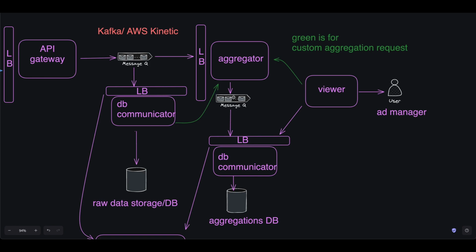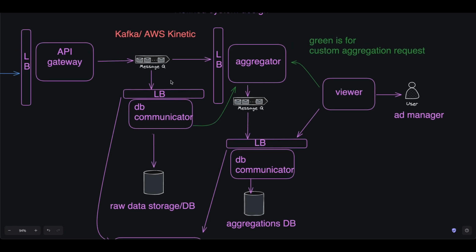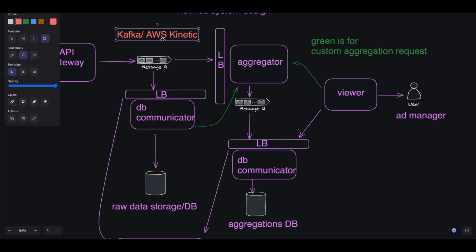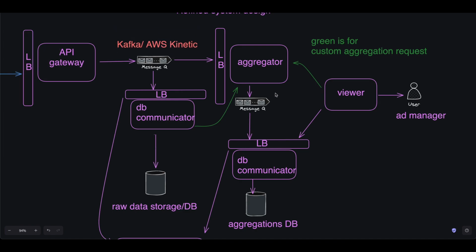If we were to remove it, and database communication failed at some point, the aggregator would be overflown, as with our API gateway before, and would likely run out of RAM. So we need some intermediary solution to keep data in. It will also be Kafka or AWS Kinesis to keep our technologies in line, and it also has some benefits that we're going to be discussing a little bit further.